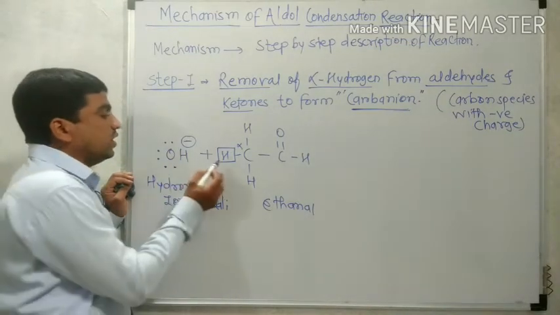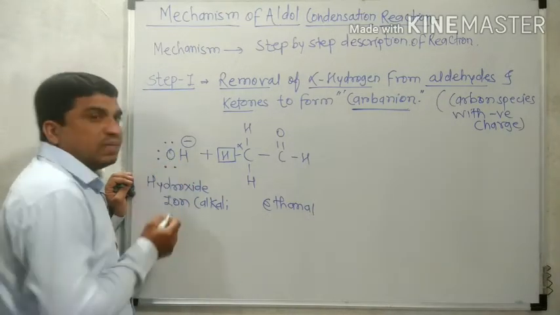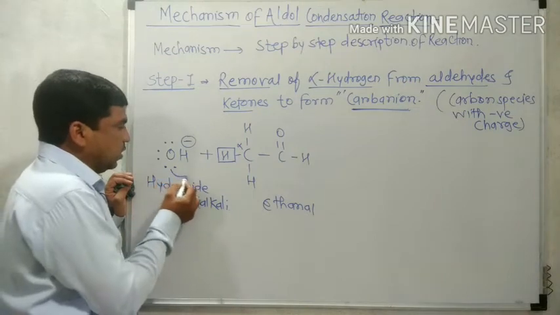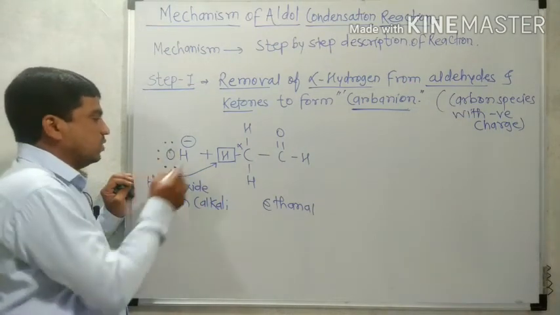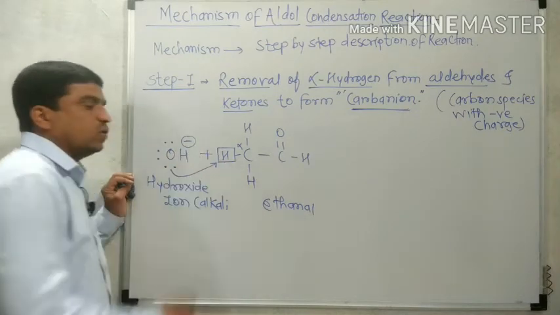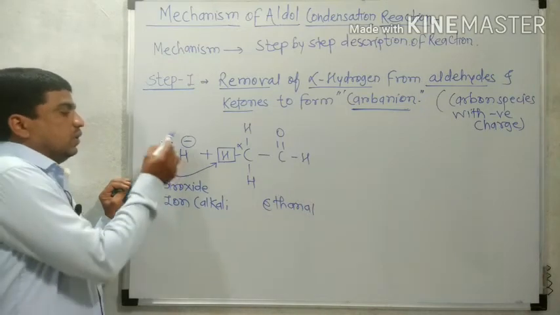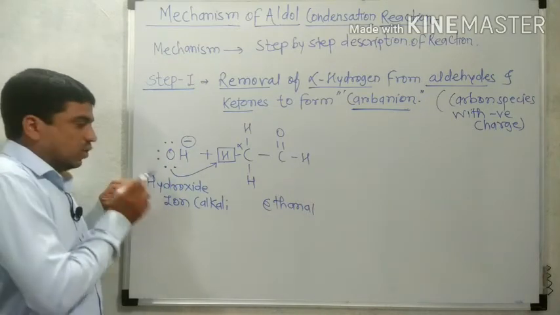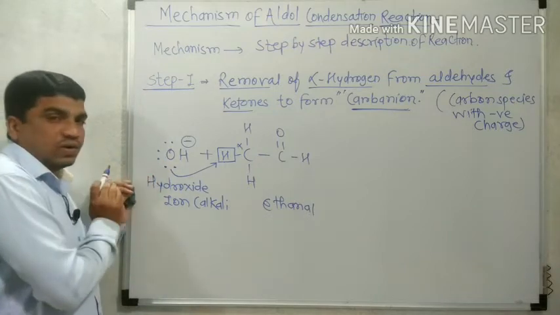Now this alpha hydrogen atom is abstracted by OH minus, which donates a lone pair of electrons from the oxygen atom to the hydrogen atom. What happens in the first step? The hydroxide ion contains an oxygen atom with 3 lone pairs of electrons.